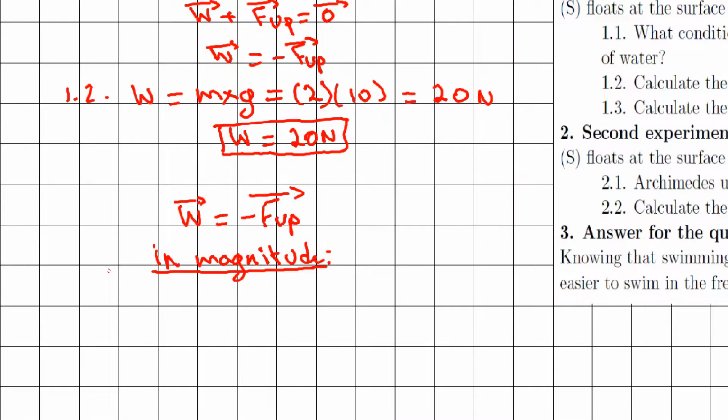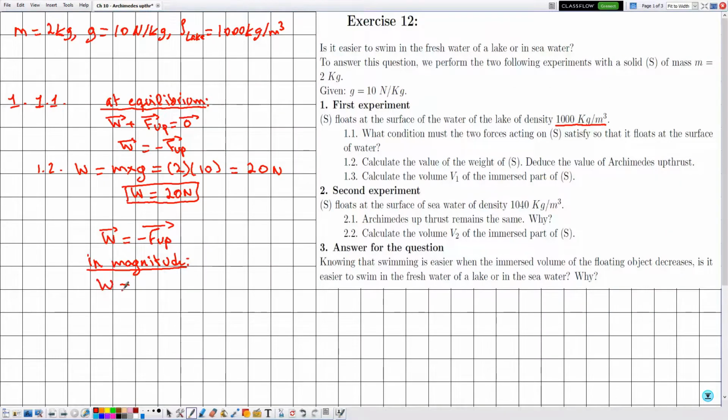Then what we will do here is drop the vectors and remove the minus sign. So W is equal to F upthrust. But we know that the value of W is 20 newtons. Then the value of F upthrust is 20 newtons.